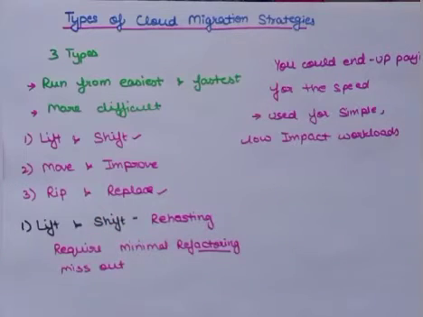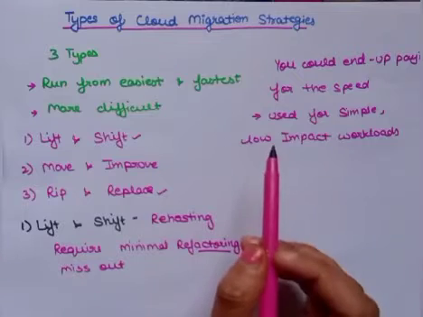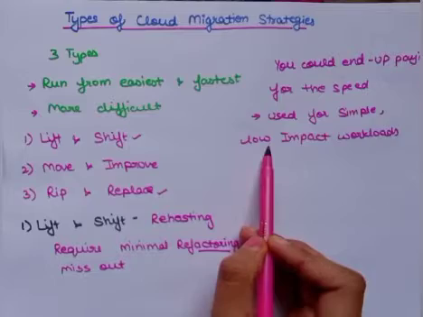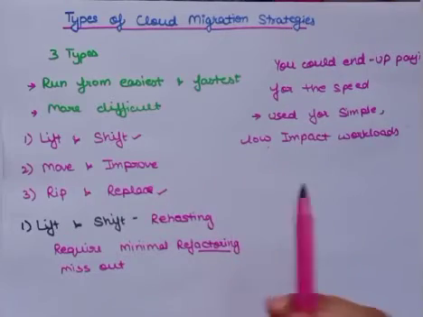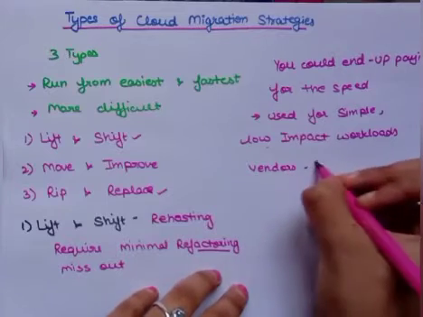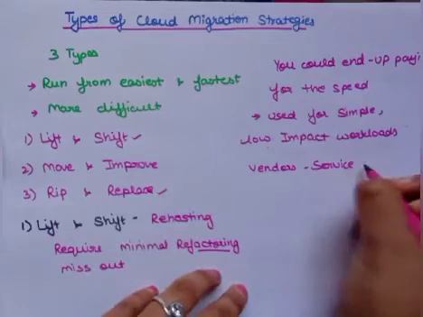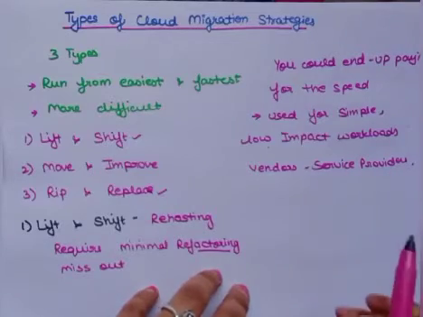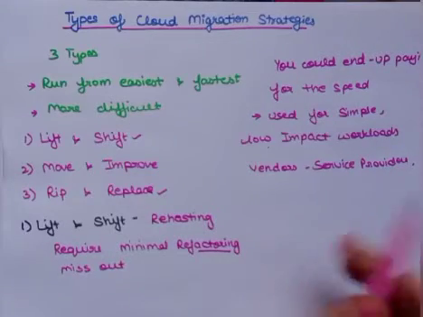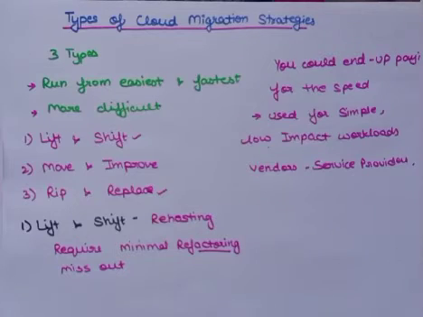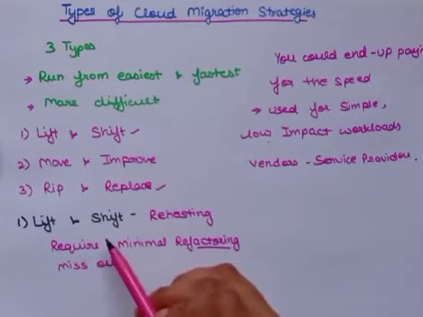And if your current setup includes lots of virtual machines, it's relatively straightforward, right? And there are so many products from vendors. Vendors means service providers. Okay, so there are so many products from vendors that claim to help you automate your migration. So this is about the lift and shift type.